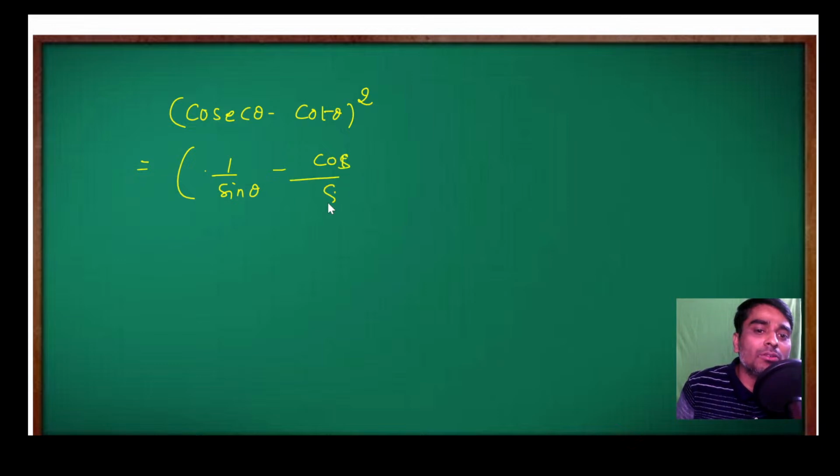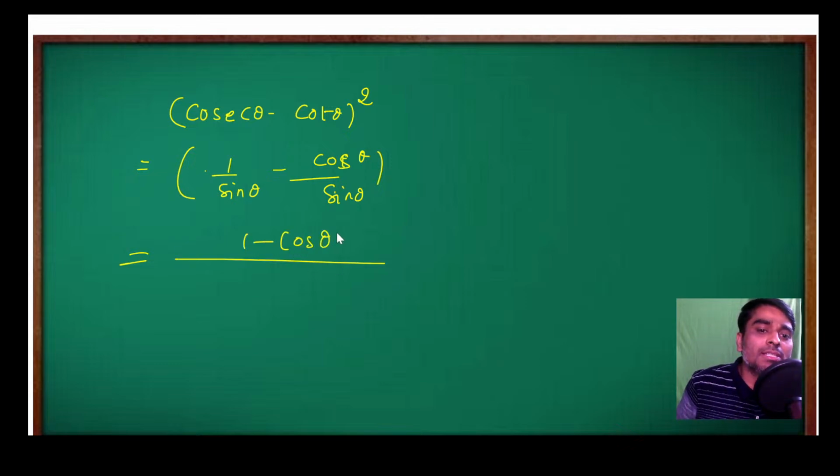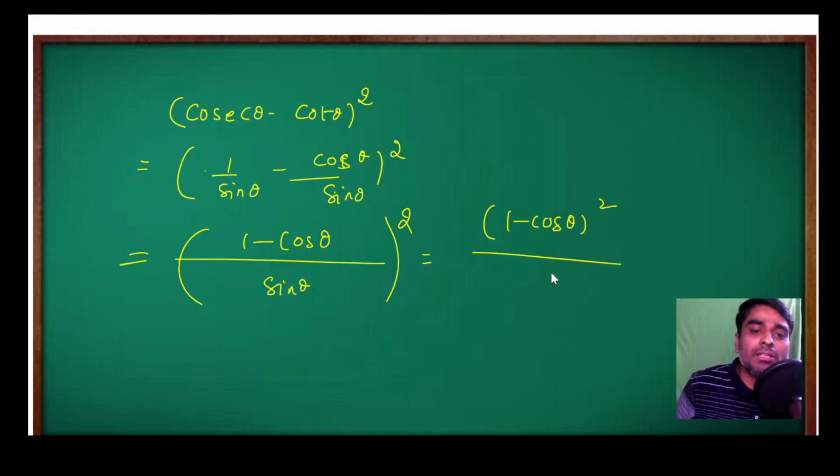Cos theta by sin theta. Then LCM, 1 minus cos theta by sin theta. Here I have to square, so 1 minus cos theta by sin theta whole square. We'll square the numerator separately and the denominator separately.